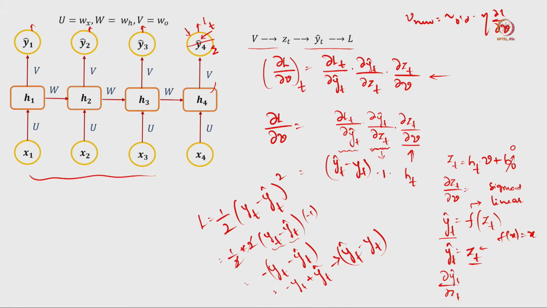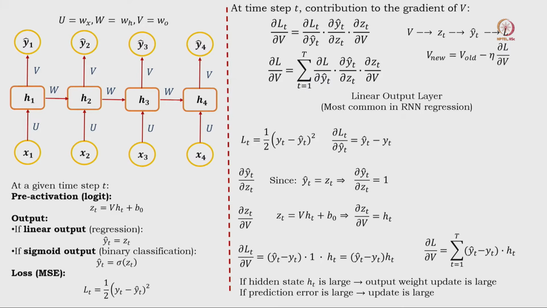I hope you have understood this. What we have done is calculated with respect to one time step. So now overall, how will you calculate it? Is it not the summation term? Whatever I have solved by hand is shown here so that the learners can understand what is being written.